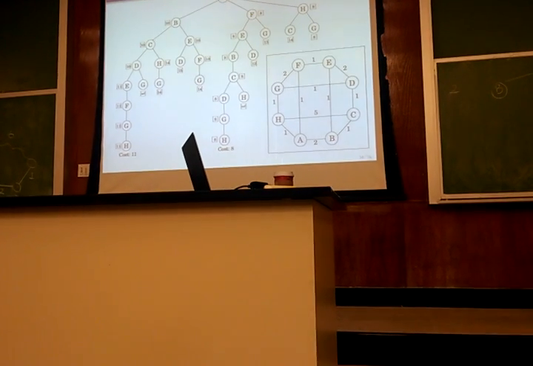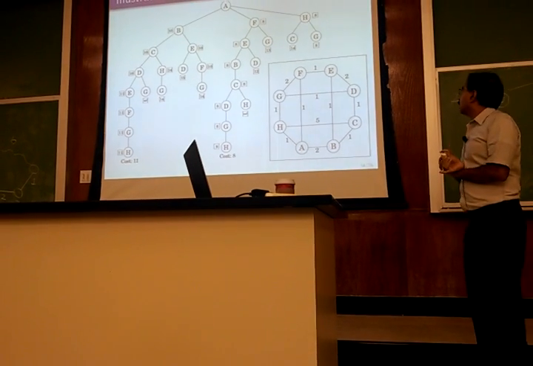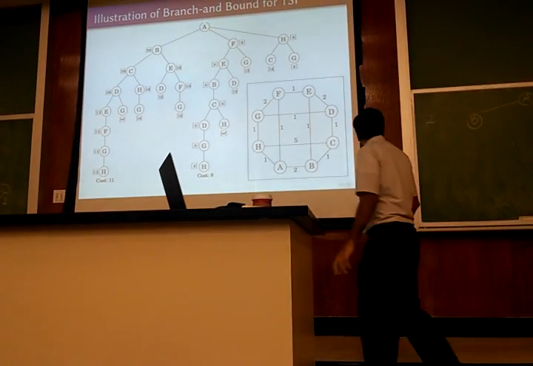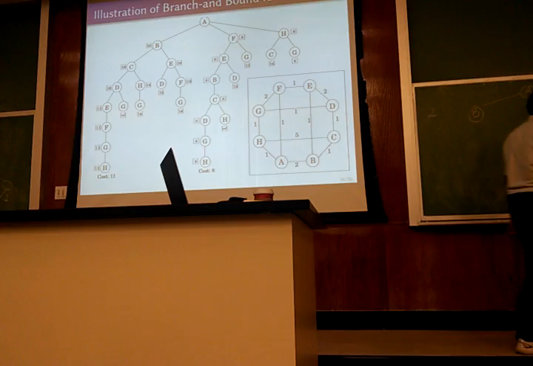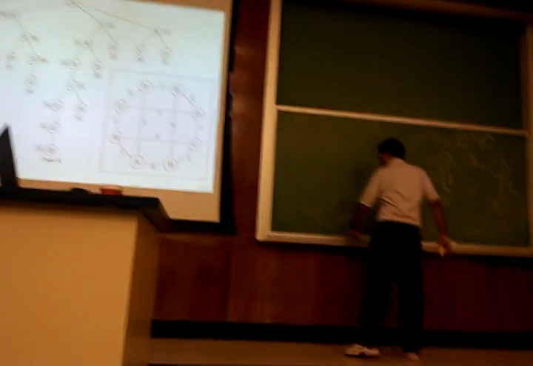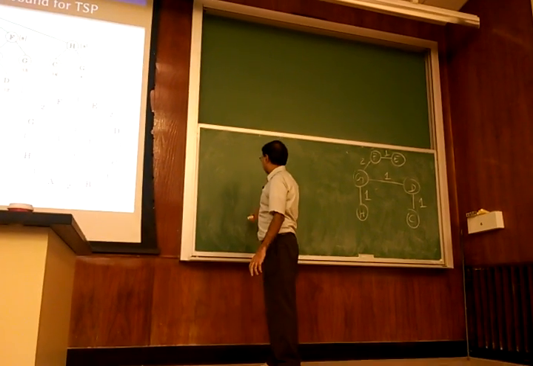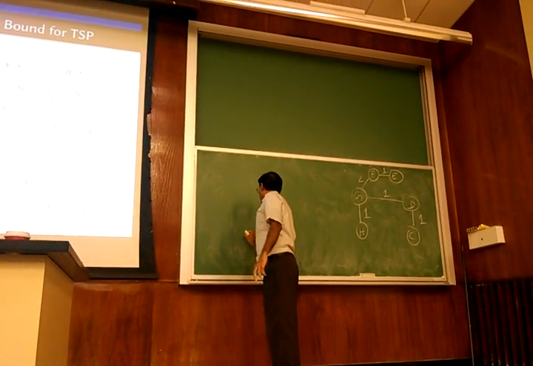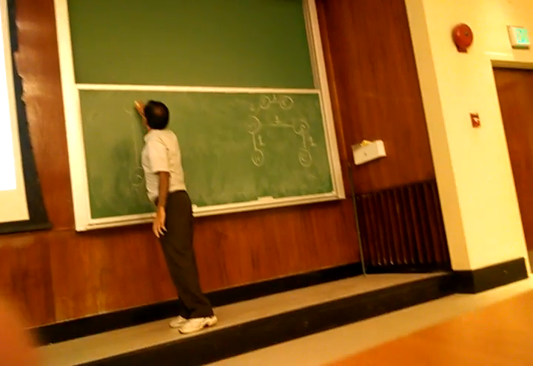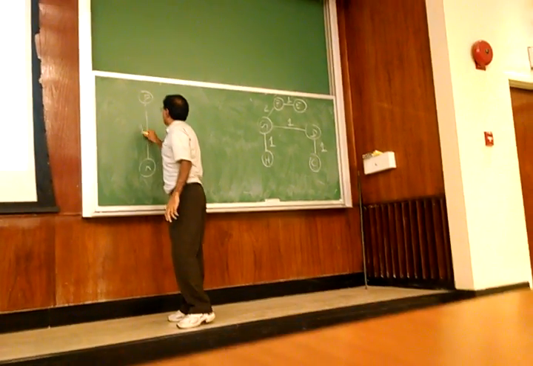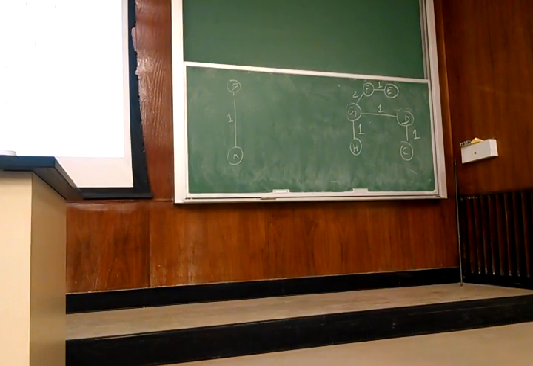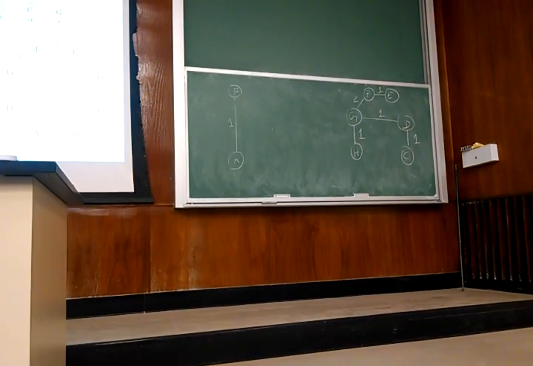So let's do this for one more case. Let's say we look at going down from A to F. If you go from A to F, that is the second branch.